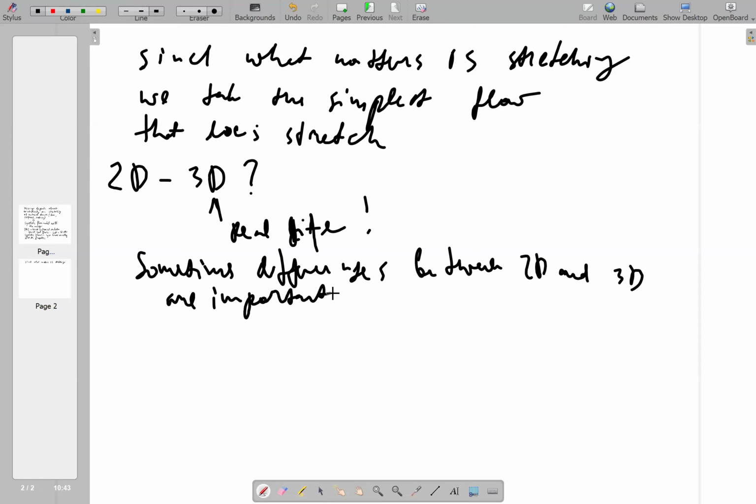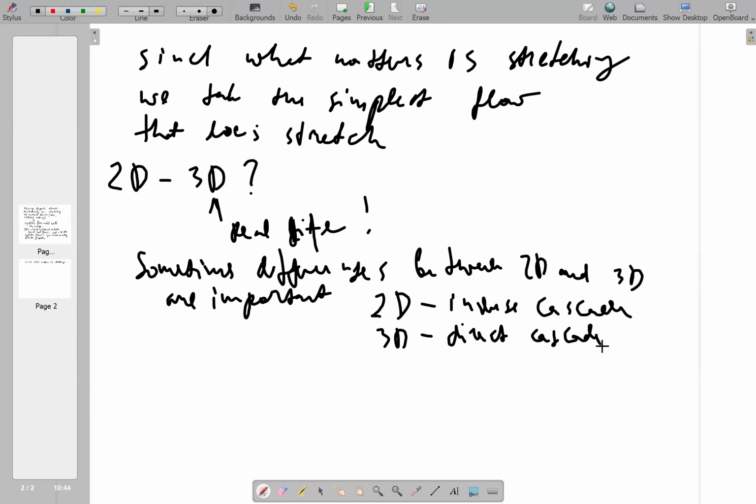For instance, in turbulence itself, you'll learn later that 2D has a so-called inverse cascade, and 3D has a direct cascade. What does it mean? It means that in 2D, energy goes to larger scales.